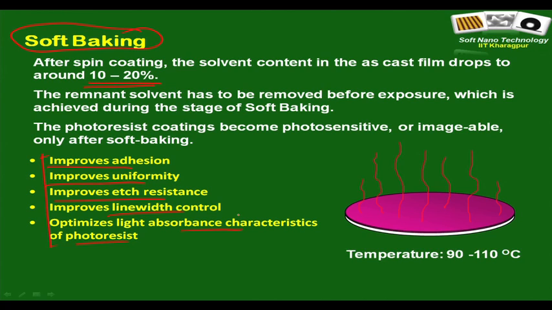But the primary thing it does, this is done at 90 to 110 degrees centigrade, is that it makes the photoresist layer photosensitive, and that is done by removal of the remnant solvent.